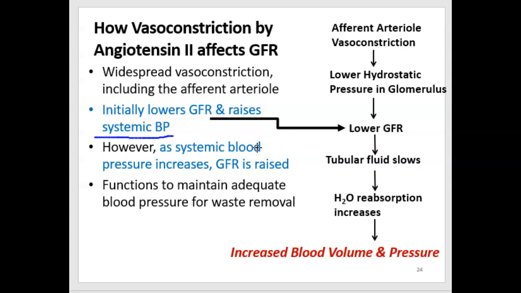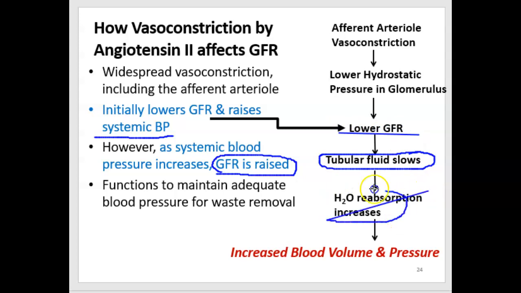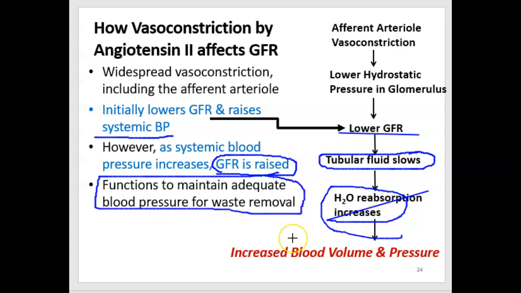However, as you slightly get a rise in systemic blood pressure, then you're going to get more of a rise in glomerular filtration. And that happens because this tubular fluid has slowed because of the low glomerular filtration. So more water has been reabsorbed, and that's how that blood pressure was raised. So it functions to maintain adequate blood pressure and keep waste removal continuous.